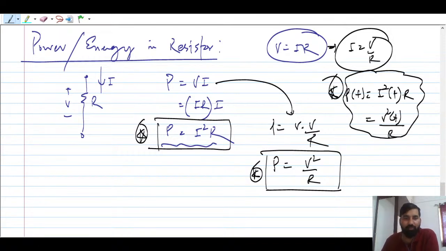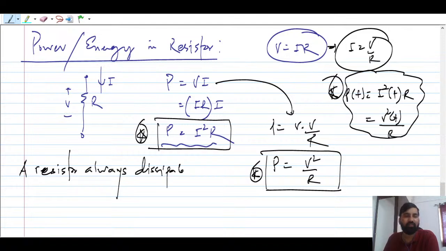Now always remember, a resistor always dissipates power. I used to teach this concept in 2011, when I was in my fourth semester or so.